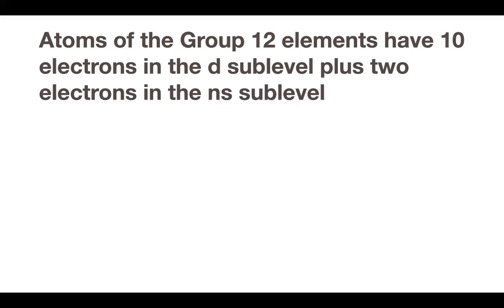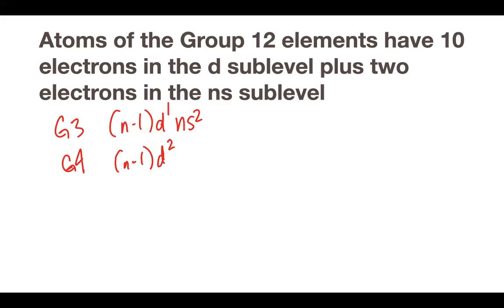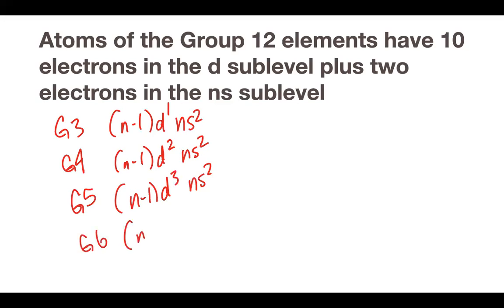For group 3, we have (n-1)d1 ns2. For group 4, all you're going to do is add 1 electron to d, until you get to group 6, where you're going to have d5 ns1, because this is one of your exceptions, where you take one of the electrons from s and fill in the 5th d orbital.